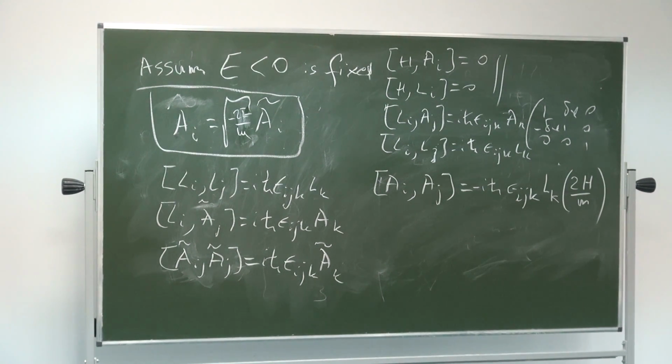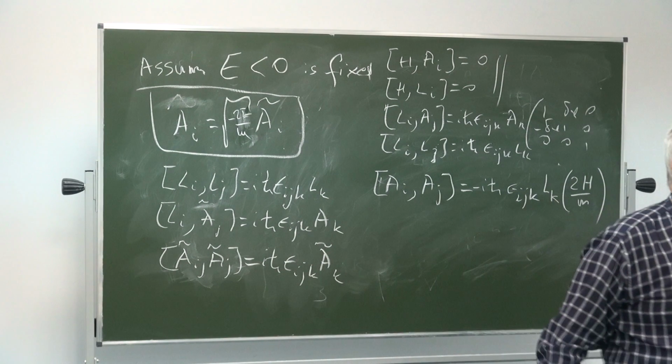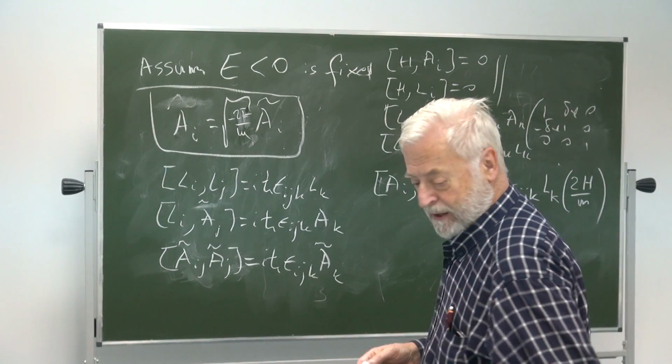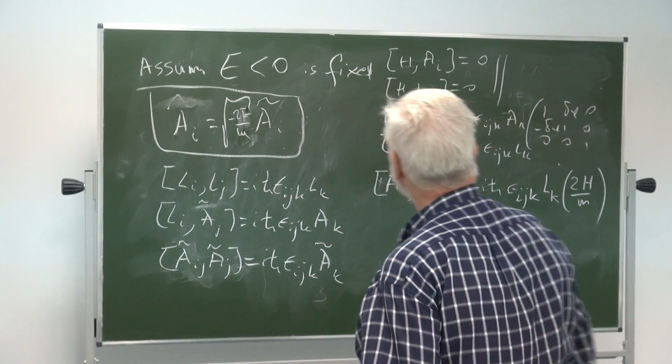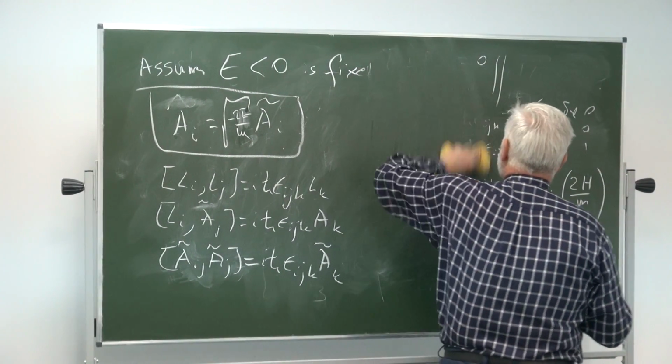And I will recover at the end what the energy is if I diagonalize properly these commutation relations. There are two more equations, two more equalities that I want to keep on the blackboard.